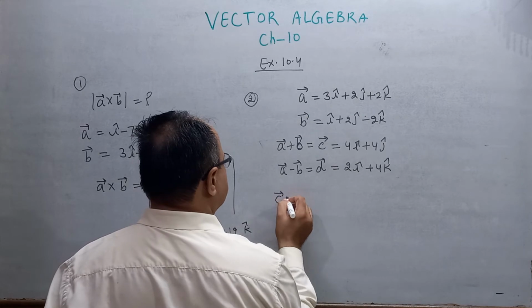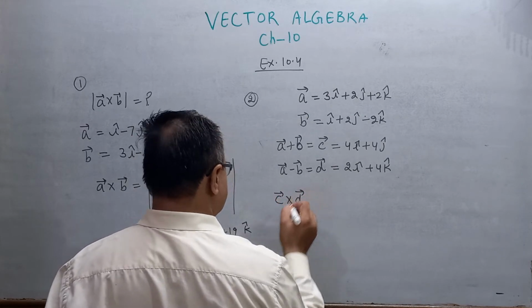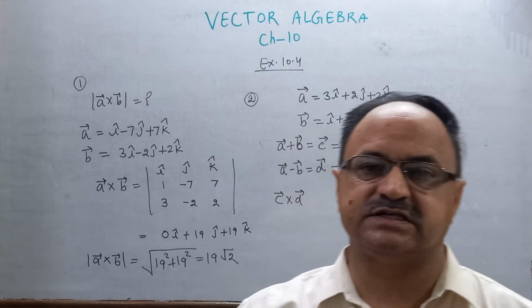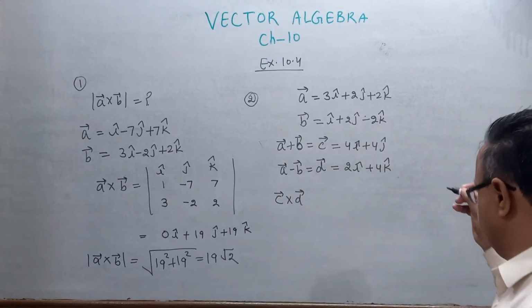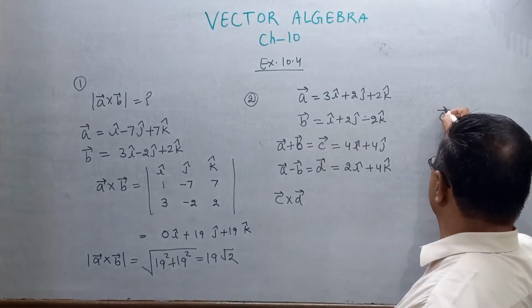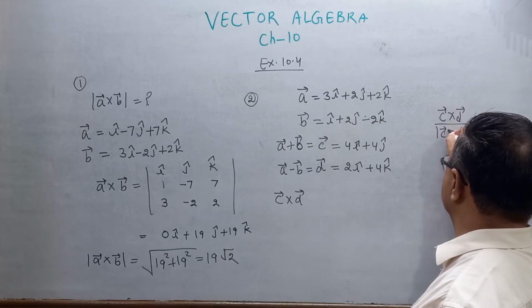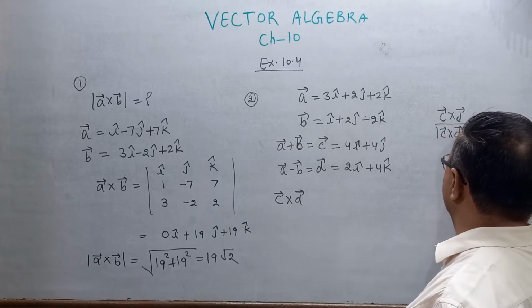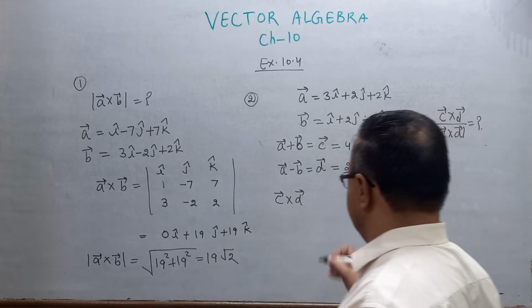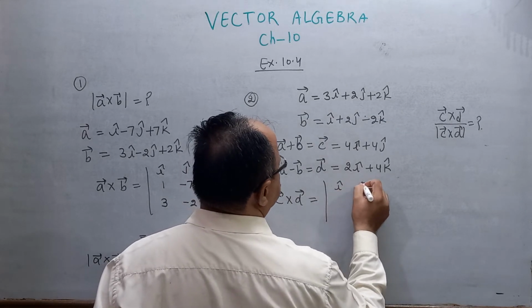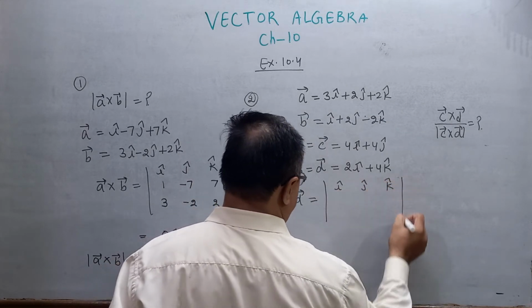Now can you find C cross D? The formula for the unit vector perpendicular to each of the vectors, you know very well: C vector cross D vector divided by their magnitude. This is the formula. Now I cap, J cap, K cap.